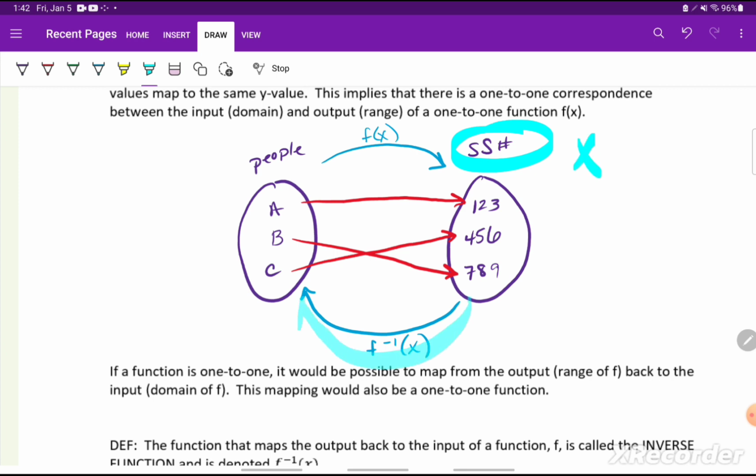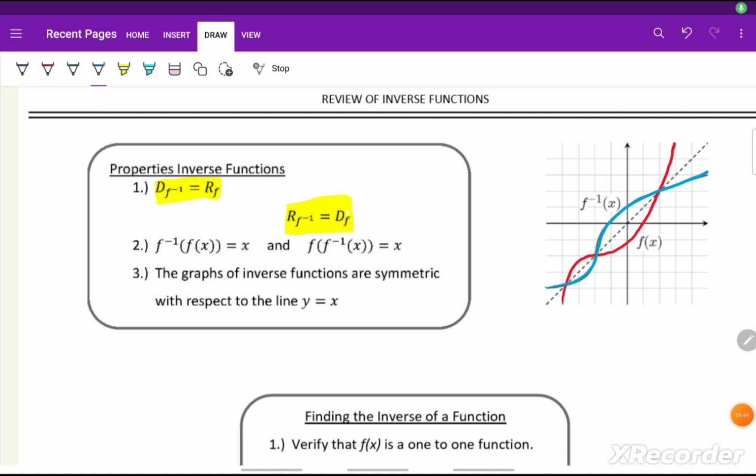We could apply f inverse followed by f, and we end up where we started, which was with an x value. So that's what property number 2 is saying for us. Property number 3 says the graphs of inverse functions are symmetric with respect to the line y equals x, and I have that illustrated to the right.